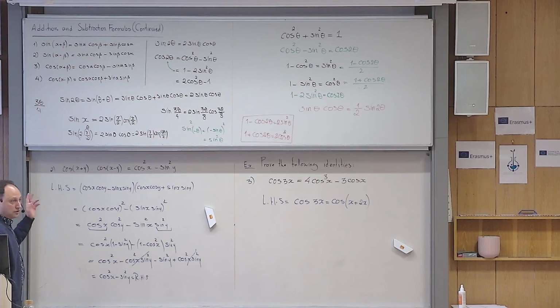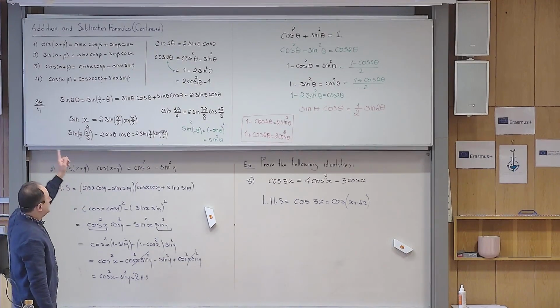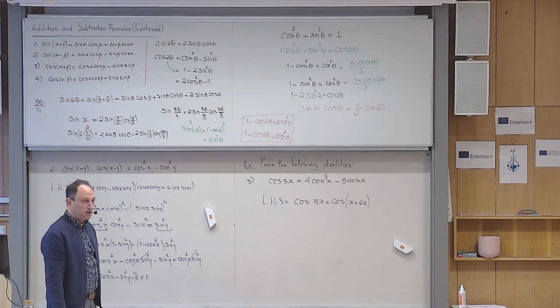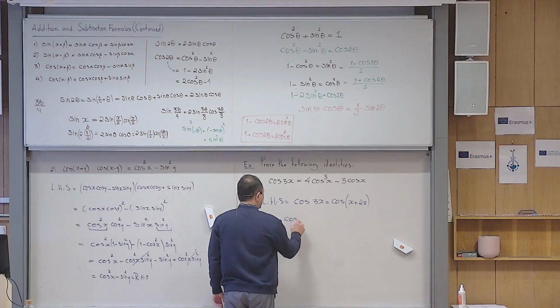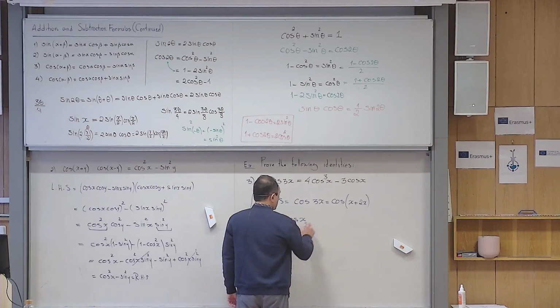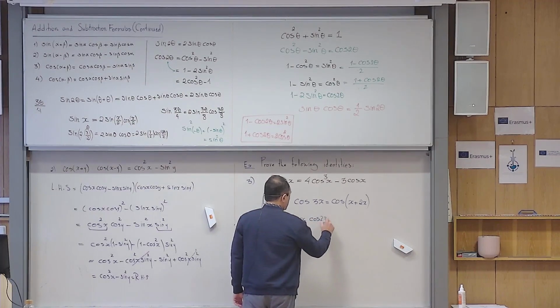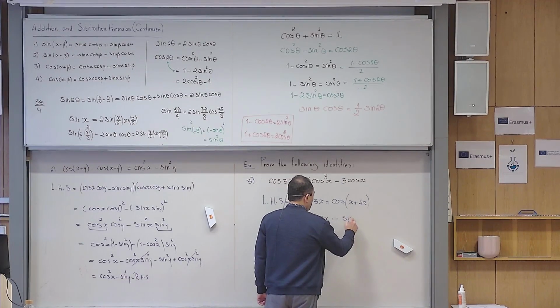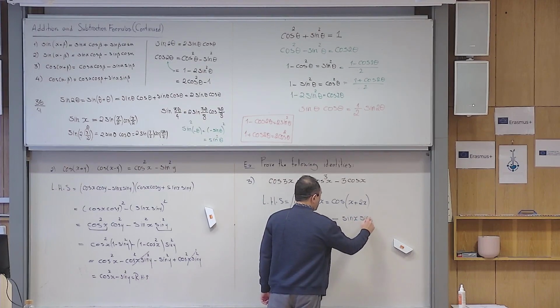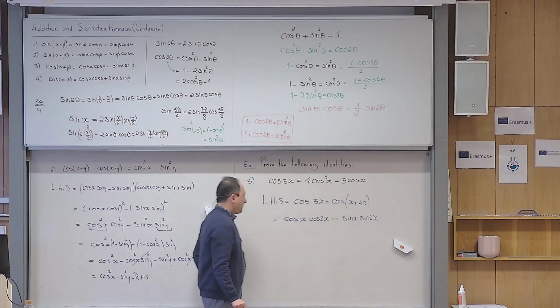Formula 3, because now alpha is being played by x, beta is being played by 2x, yes? So what can I do now? I just use the formula, so it becomes cosine of the first one, cosine of the second one, and then minus sine of the first one, sine of the second. Yes?